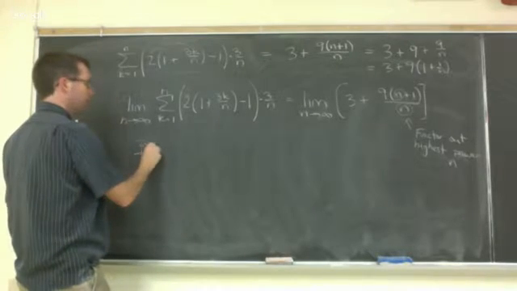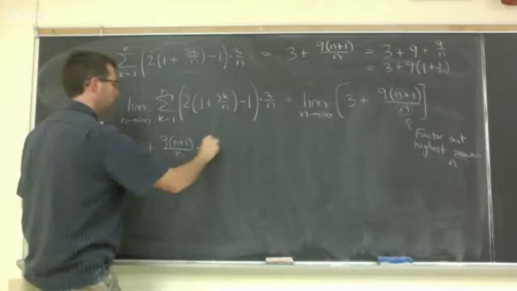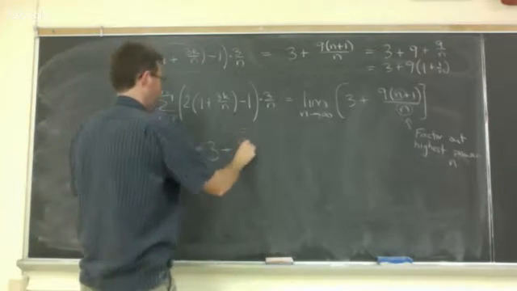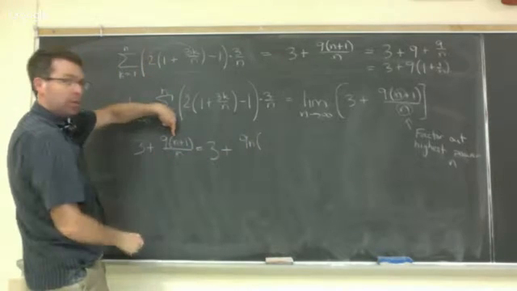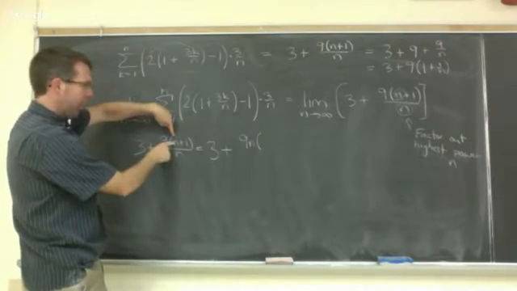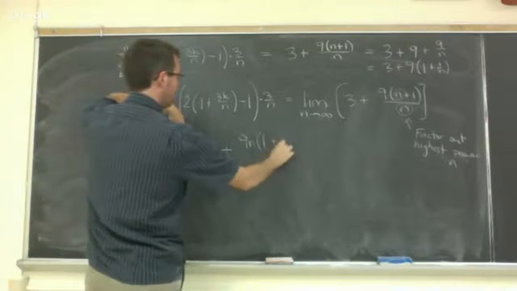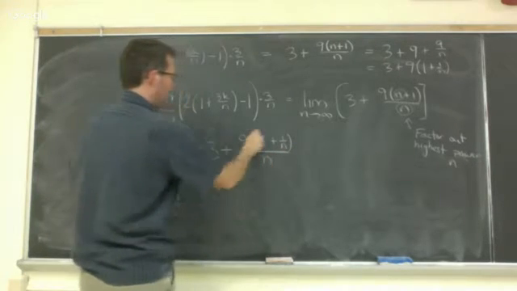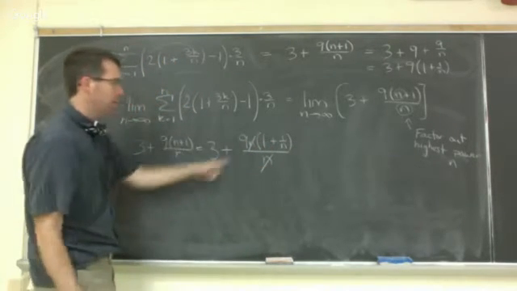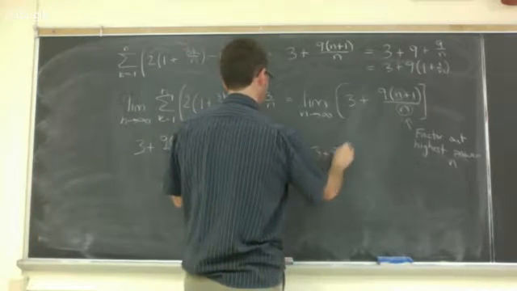So let's rewrite this: 3 plus 9 times n plus 1 over n. If I factor the n out, that means I'm going to divide. n divided by n is 1, plus 1 divided by n. And then n is already factored out on the bottom. And so when I cancel out those n's, this is where we got that other version.